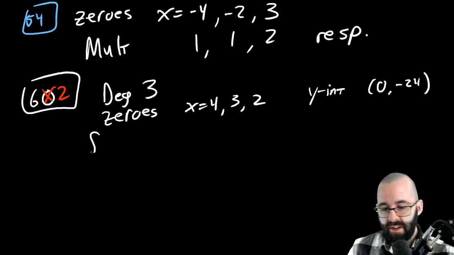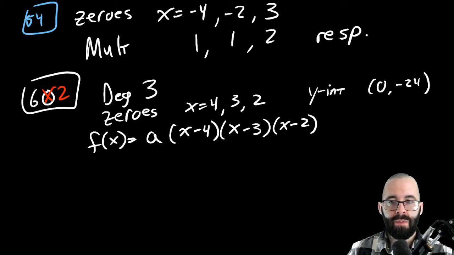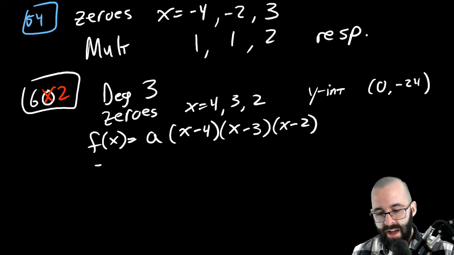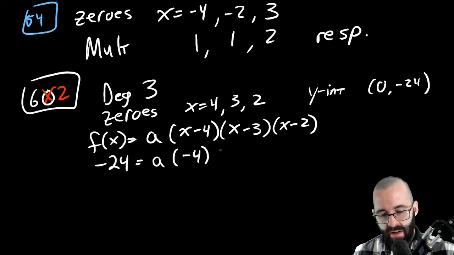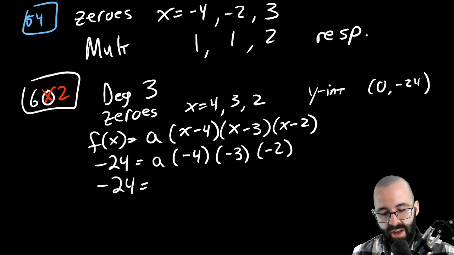So what is our function going to look like? Well, it has some stretching factor that we don't know. It has these 3 roots. Their multiplicities are all 1, so we don't put any exponents. And then we just solve for a. Y-intercept is -24. So multiplying that out, it becomes +12, -24.